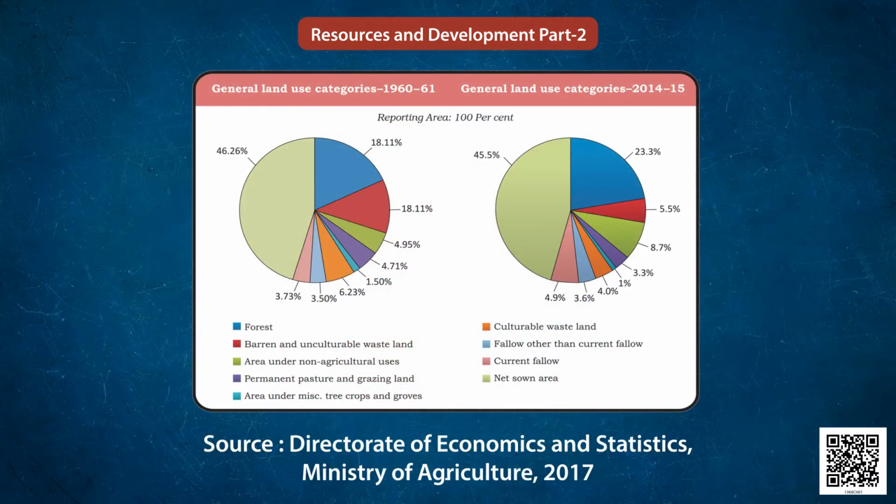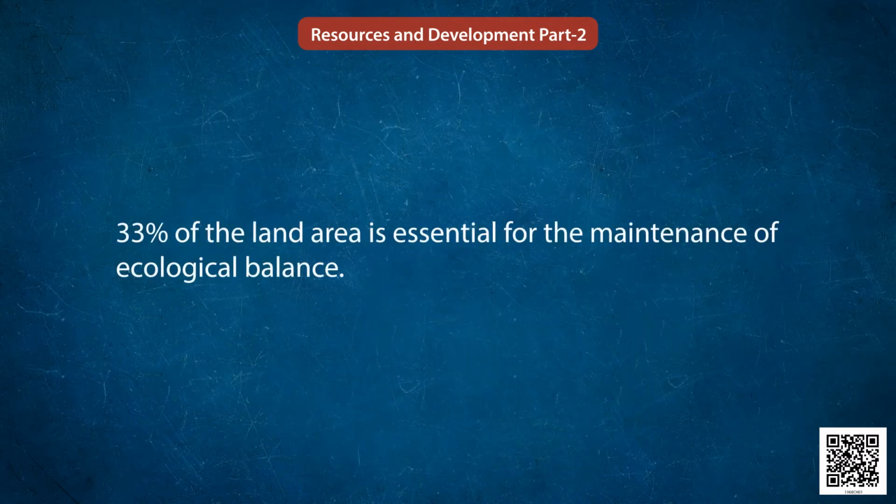Forest area in our country is far lower than the desired 33% of geographical area as it was outlined in the National Forest Policy 1952. 33% of the geographical area under forests is essential for maintenance of the ecological balance.